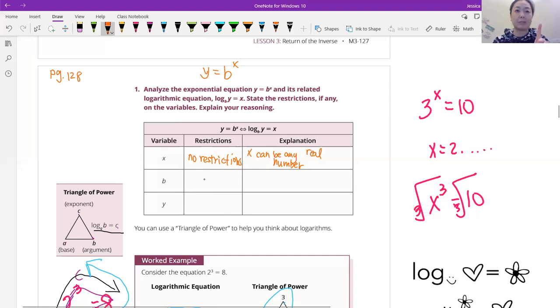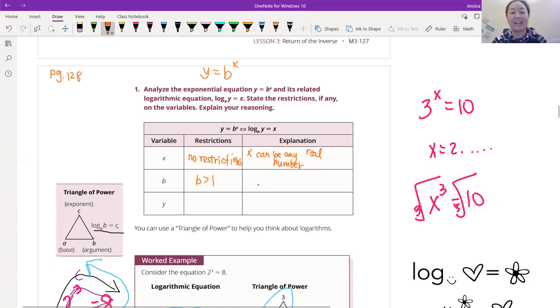It wouldn't be exponential, just a flat line, 1 times 1 times 1 times 1. It's just 1, and nothing is changing. It's not growing or decreasing. So b has to be greater than 1.